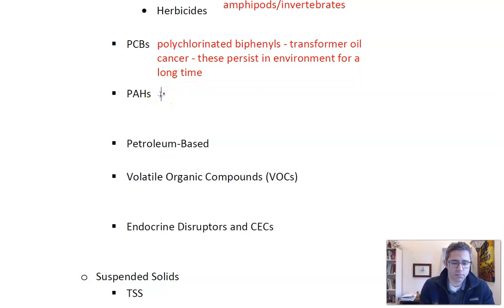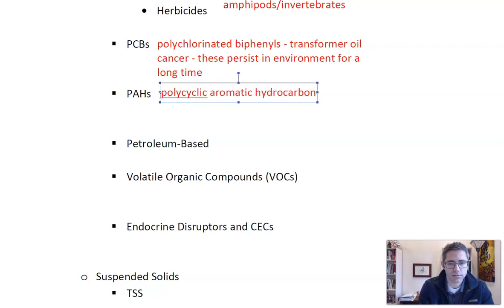PAHs stands for polycyclic aromatic hydrocarbons. There are, I think, well, PCBs, there's actually over 200, I think 212 what we call congeners, different PCBs. PAHs, there's somewhere probably more than 100, maybe more than 200. Polycyclic means multiple cyclic structures.